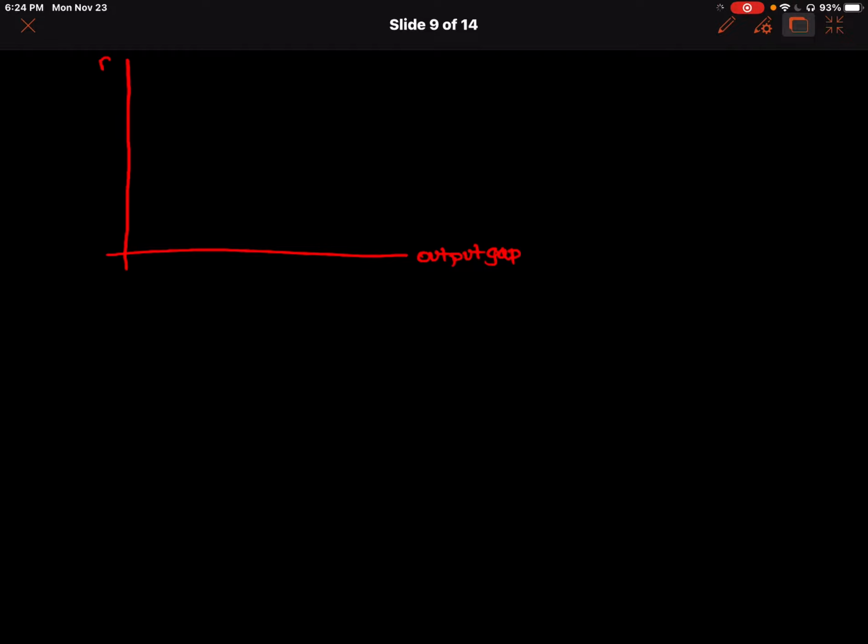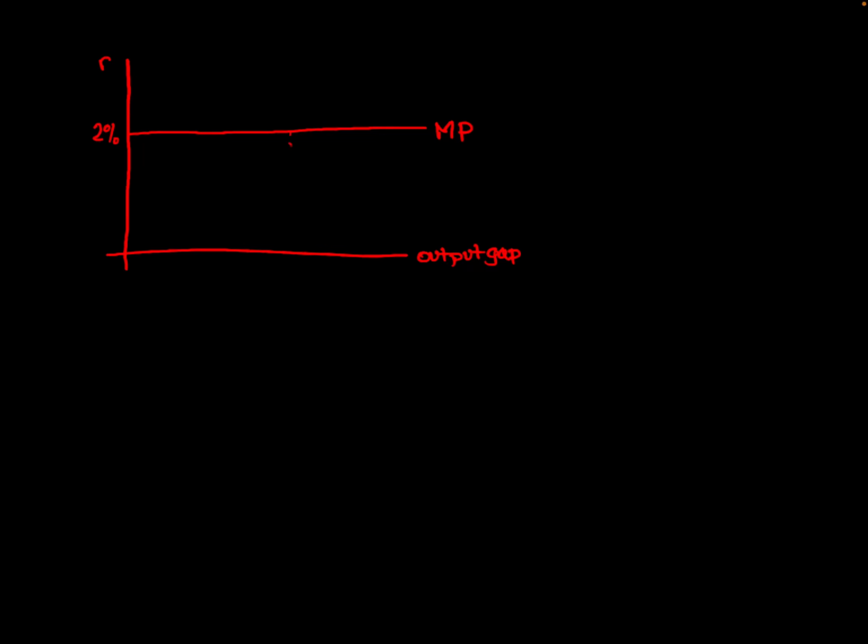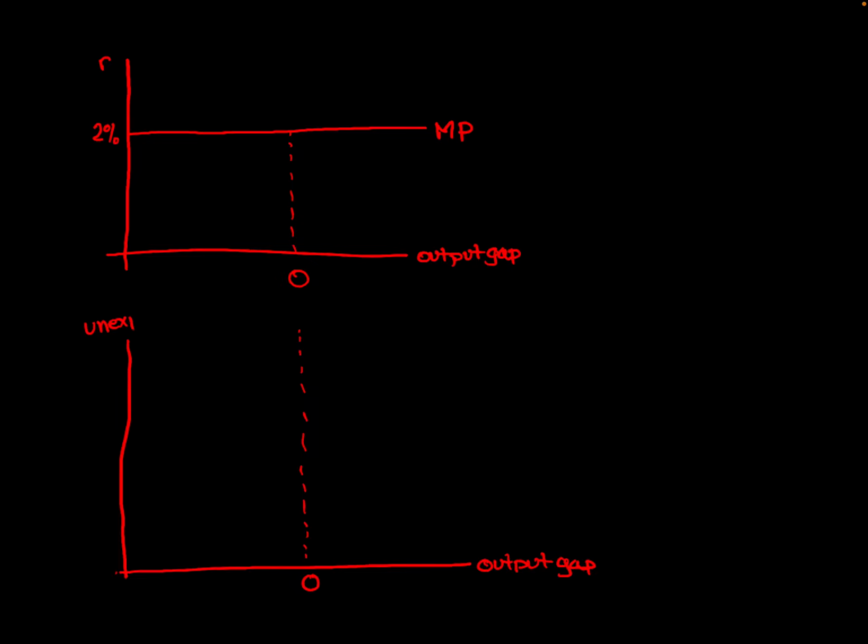The real interest rate. Here was our starting point. This is 2%. MP curve. Put unexpected inflation on the vertical axis for the Phillips curve.